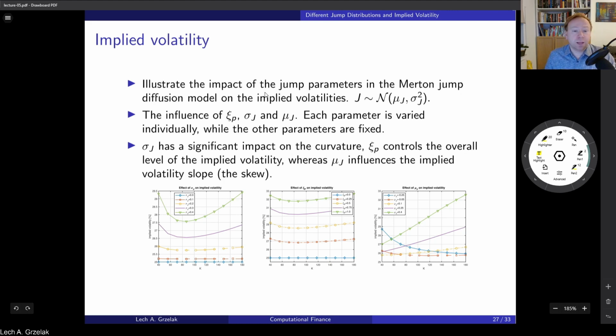In this slide, we discuss this effect. We have defined J, the jump element, the magnitude of jumps, to be normally distributed with mean mu J and variance sigma J squared. Now we will perform the following experiment: we vary one of those parameters while the other parameters are fixed. Okay, so let's take a look.